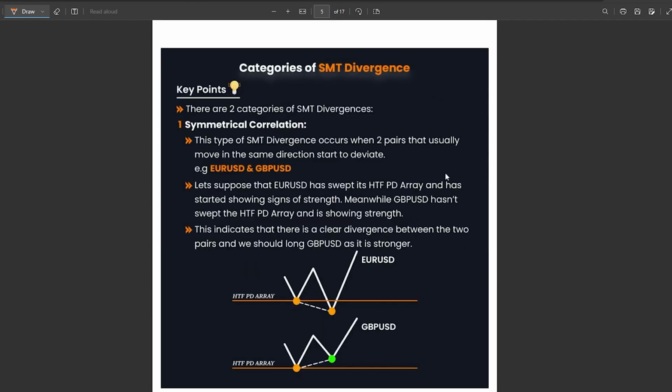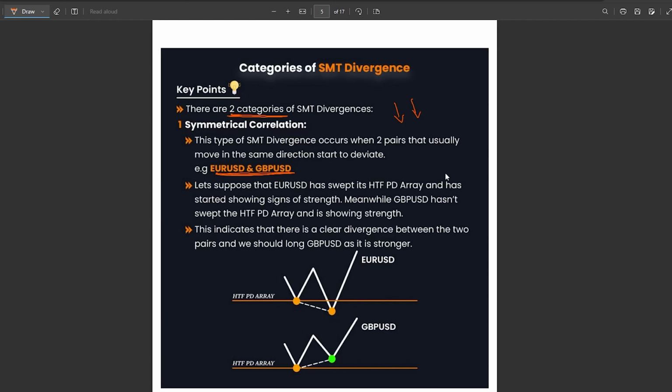There are basically two types of SMTs and you have to remember these. The first type is symmetrical correlation. This is the divergence between two pairs, such as EURUSD and GBPUSD, which are known to move in the same direction. Let's suppose Euro is moving down, so we know 98% of the time GBP will also be moving down.